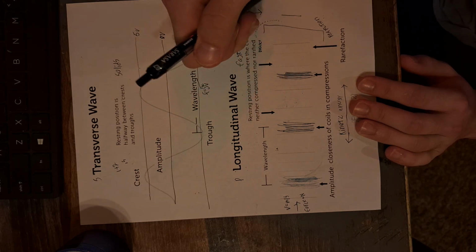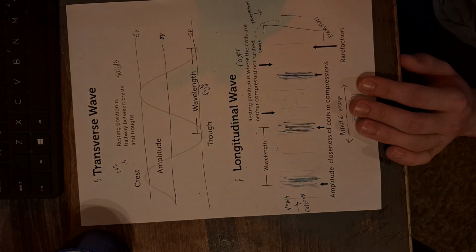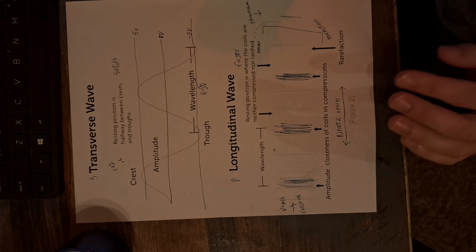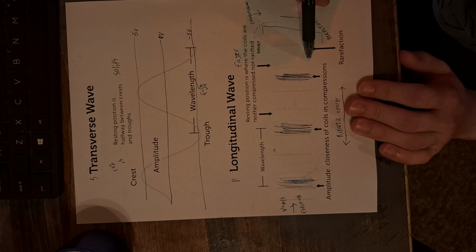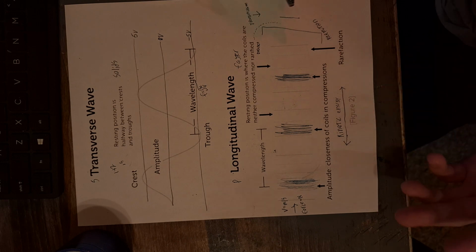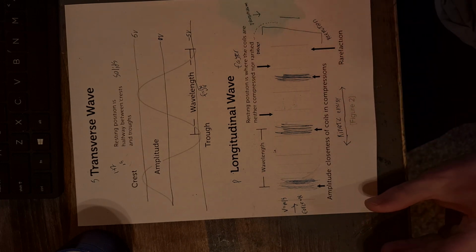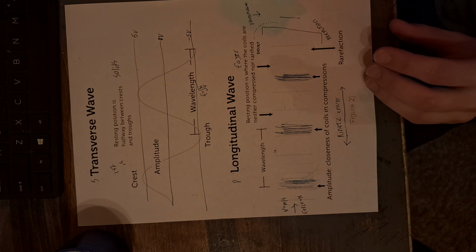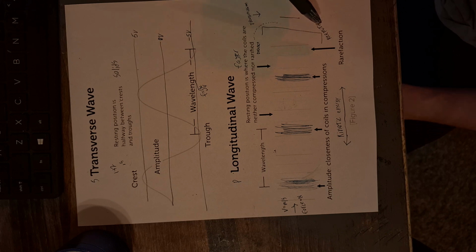So say that this is not 3 wavelengths long, but 3 point you name it, because we can't see it. But we'd end up with different nodes, could be here, here, and here. It just depends on how many wavelengths make up your object and your specific frequency.